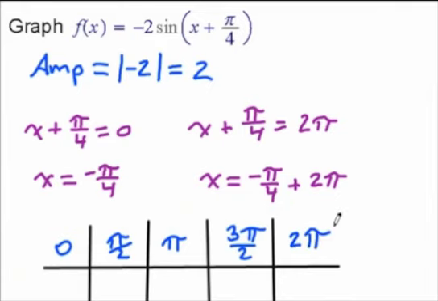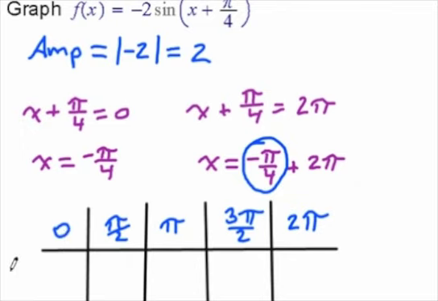And from each of these, we're going to subtract pi over 4. So off to the side, I'm just going to remind myself that I'm subtracting pi over 4 from each of them. So 0 minus pi over 4 is going to give us negative pi over 4. Pi over 2 minus pi over 4 is the same thing as 2 pi over 4 minus pi over 4, better known as pi over 4.